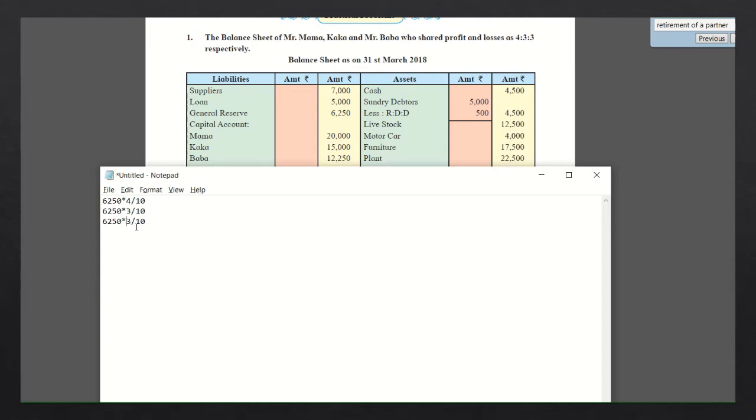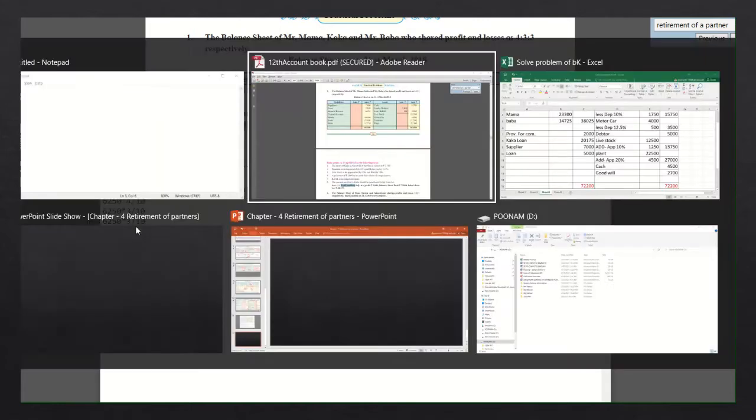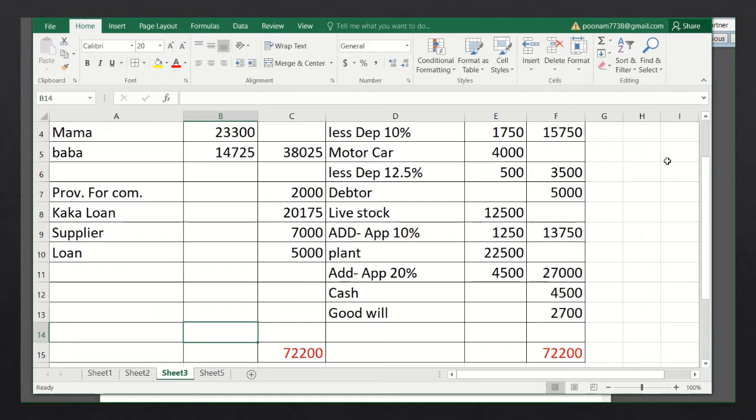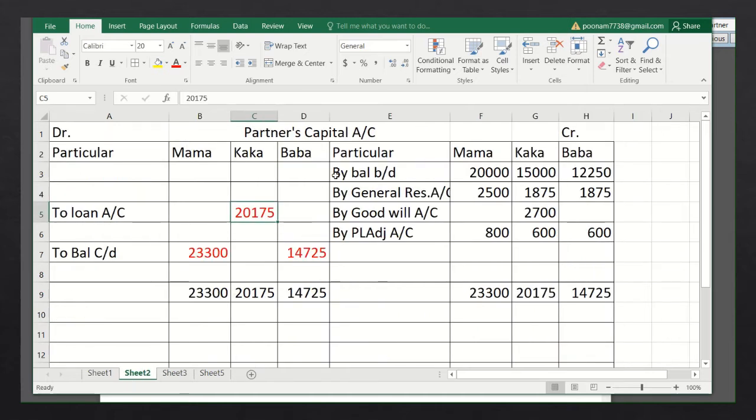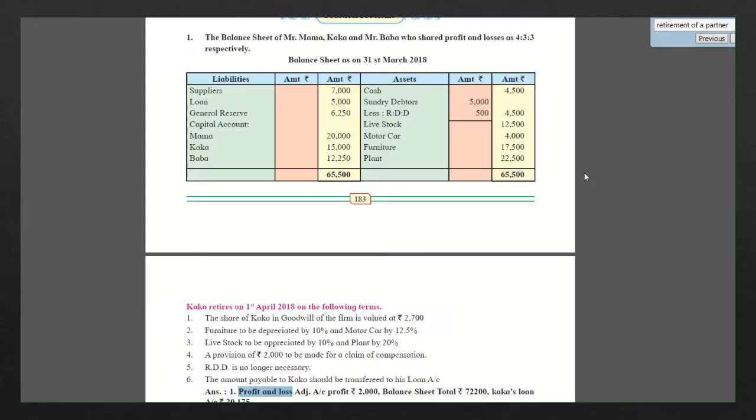So the journal entry for this will be general reserve account debit to partners' capital account. So we will go on the partners' capital account credit side, and first we have to record the opening balance which is given in the balance sheet.